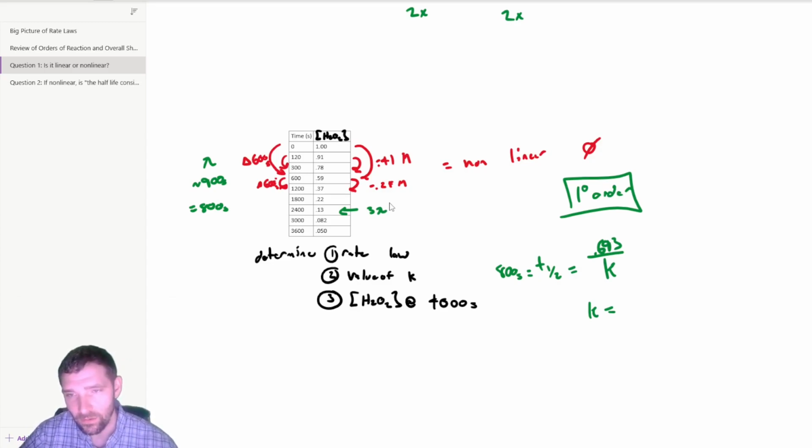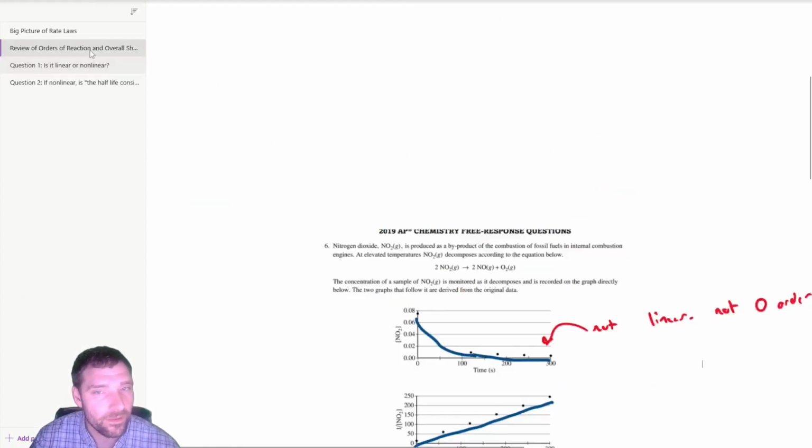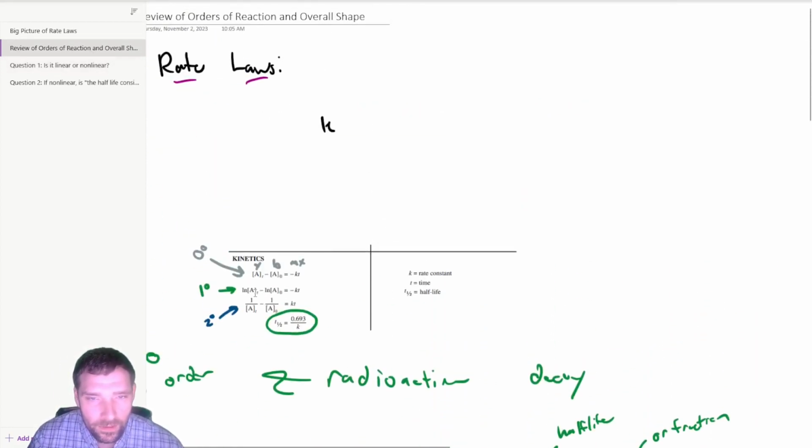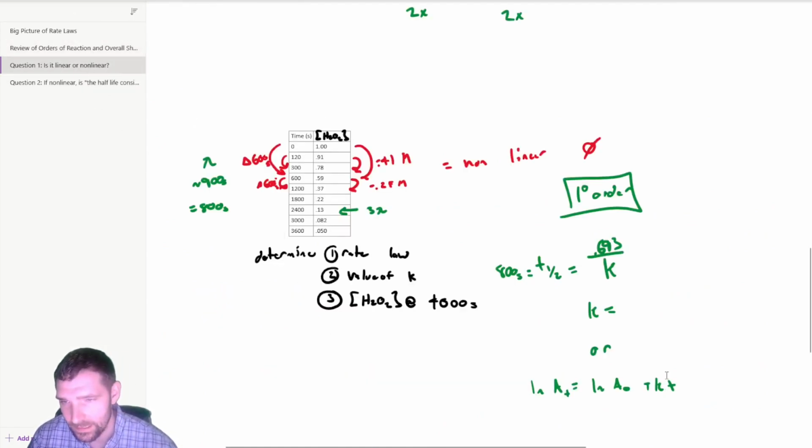Or you could think through the first order, where you've got the ln of the concentration A at some time, ln A naught, and then you've got the k and t. So there's that one formula right here. Actually, I think it's a minus kt.